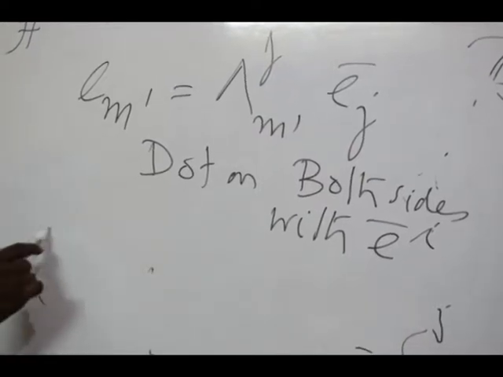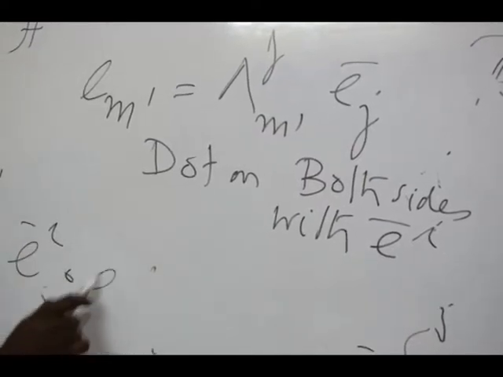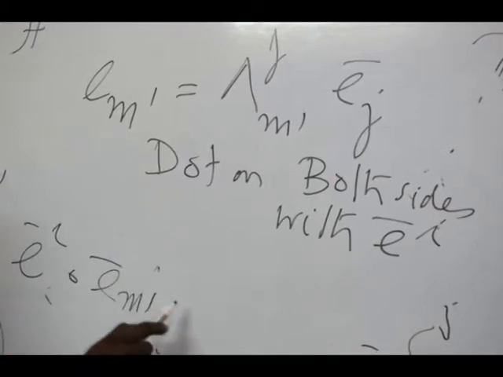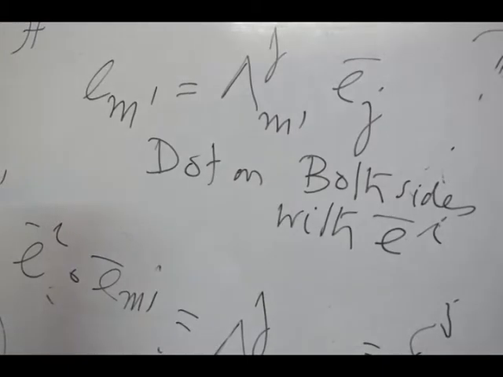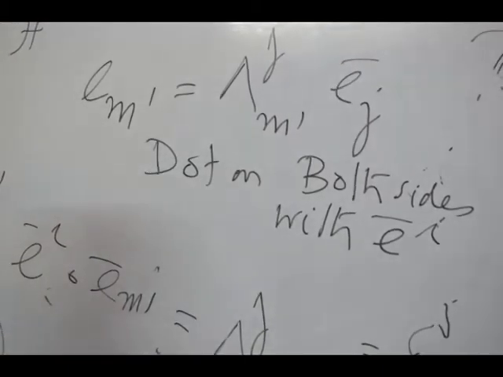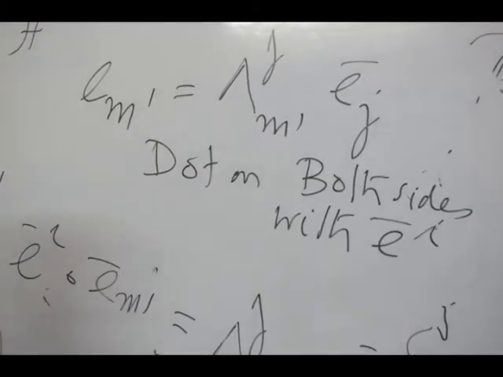So Ei dot Em dash equals lambda Jm dash Ej dot Ei.